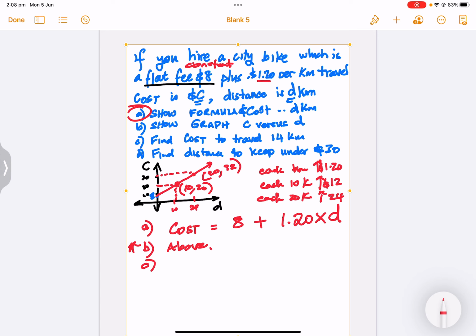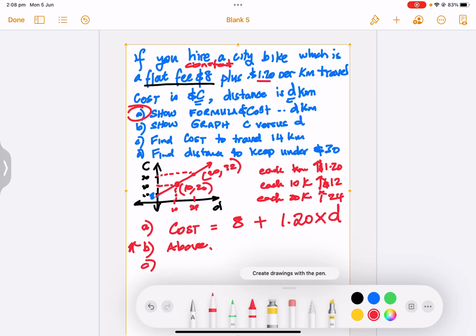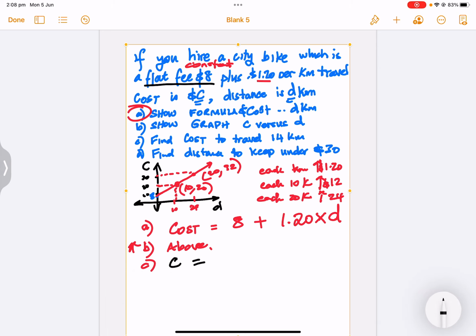Part C, find the cost for 14 kilometres. Again, I'll do black now. The cost equals 8 plus $1.20 times 14 kilometres. So 14 times 0.2 is 2.80, plus 14 ones, so 16.80, and plus the 8 is $24.80.